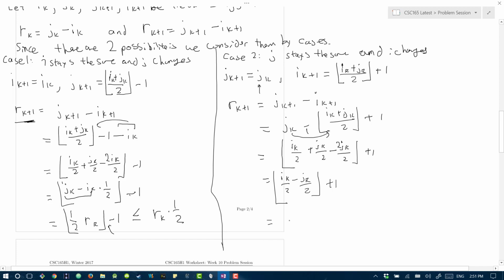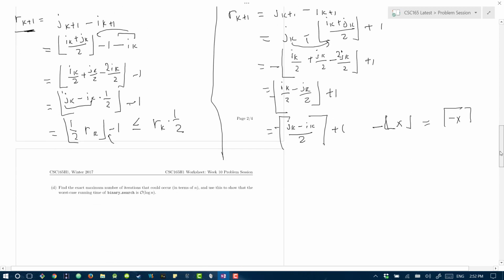And then we do this thing where we change it into a ceiling, and we know this because the negative of a floor equals the ceiling of the negative x.